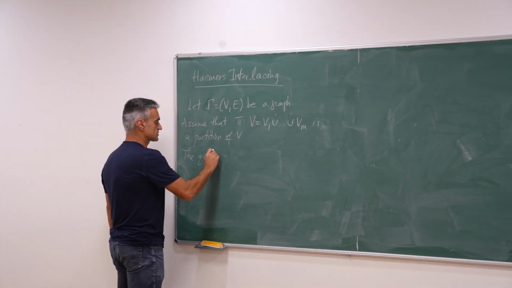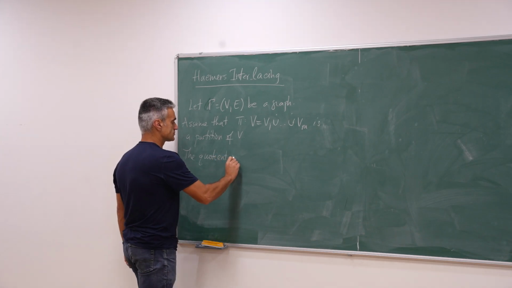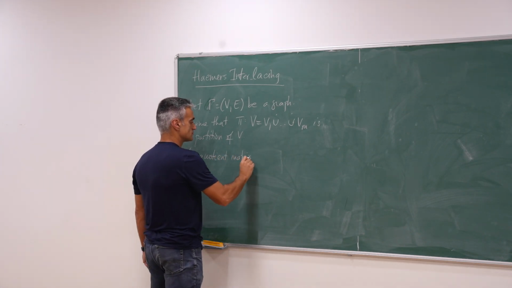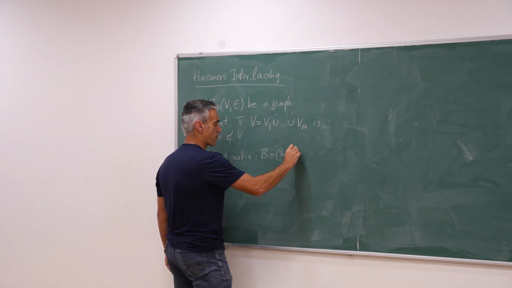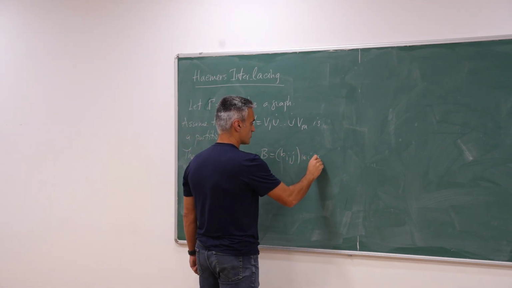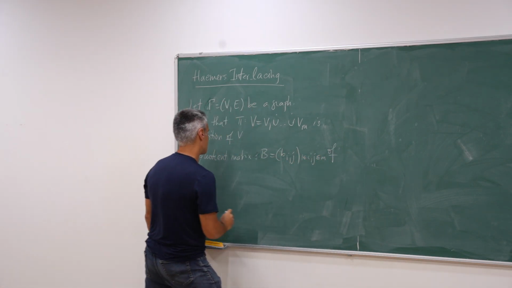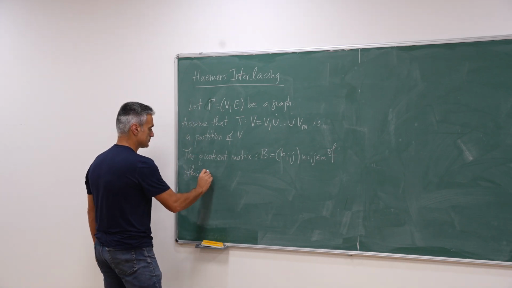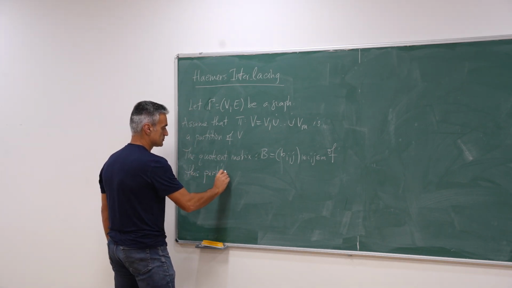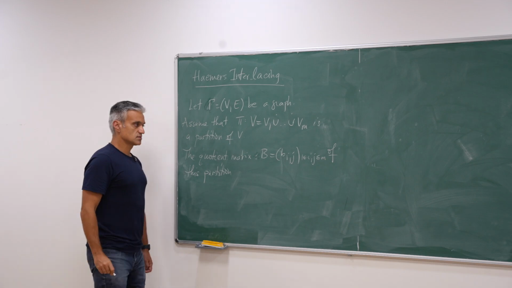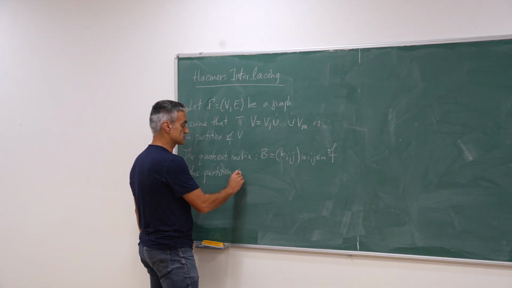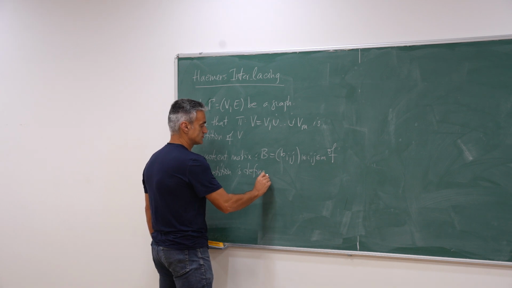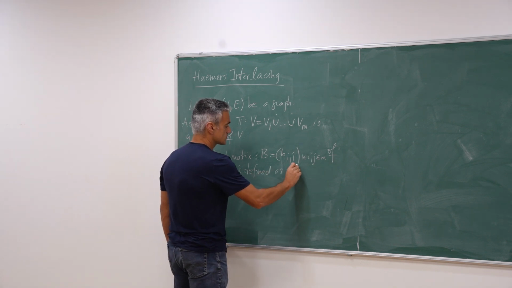The quotient matrix B, let's say B_ij, of this partition is an m by m matrix, defined as follows.